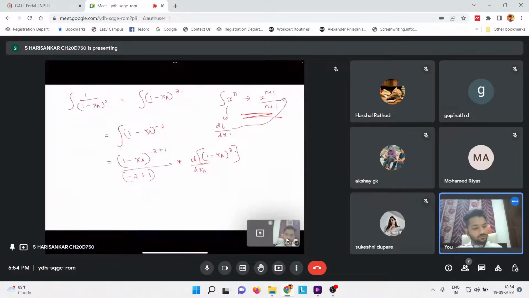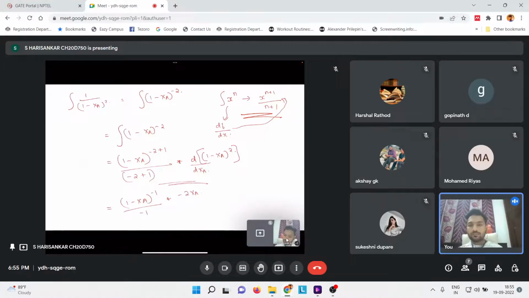So this will be the integration of this. Now we can write this first term, 1 minus xa the whole raised to minus 1 by minus 1 into d by dxa of 1 minus xa the whole square, which is basically minus 2xa, right?